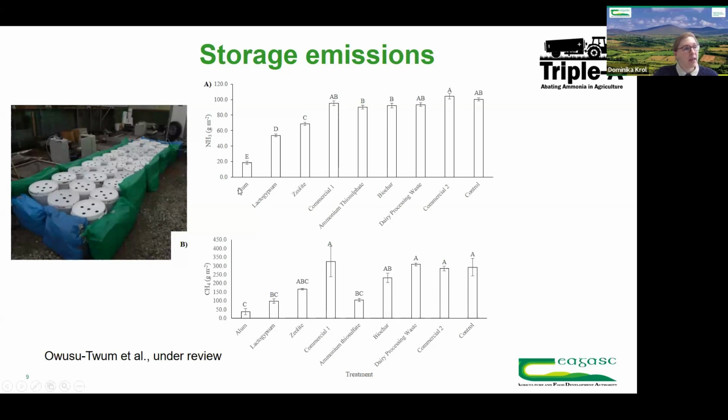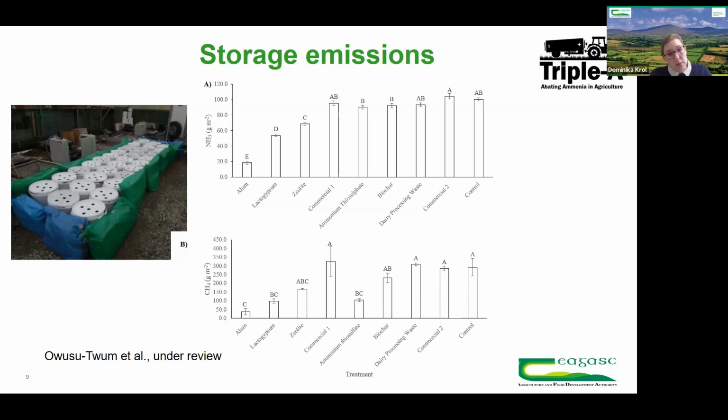So on the ammonia side, you see that alum, lactogypsum, and zeolite significantly reduced emissions. On the methane side, it was alum, lactogypsum, and ammonium thiosulfate. Okay, so there were two amendments that were common for both gases, which was alum and lactogypsum. So we wanted to take two of them into further testing at a larger scale.